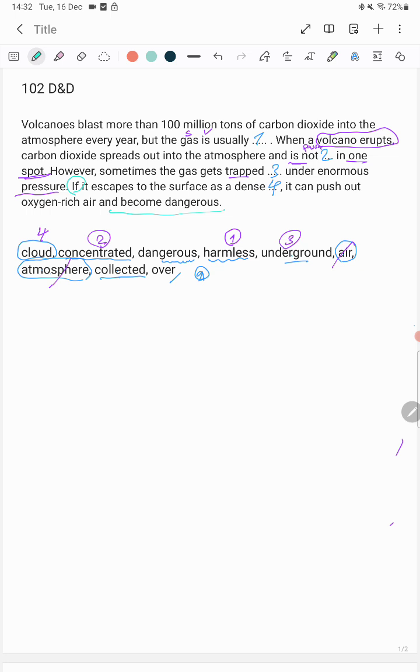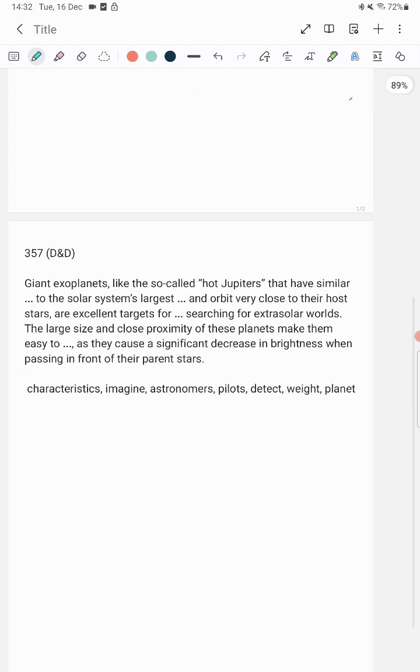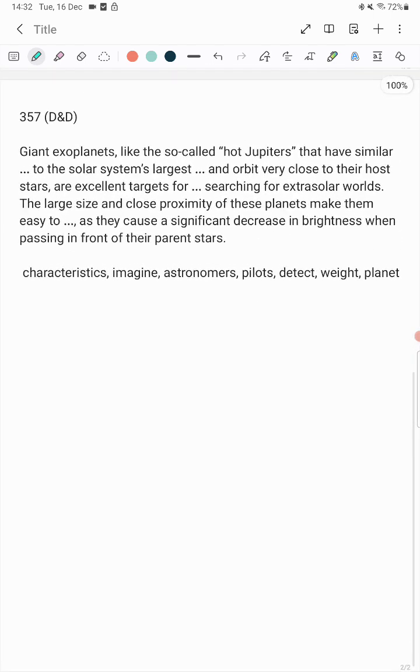If you put dangerous here, after you read this sentence you need to change it, because after that comes become dangerous. So I think harmless is the correct choice here. Okay, going to another task.